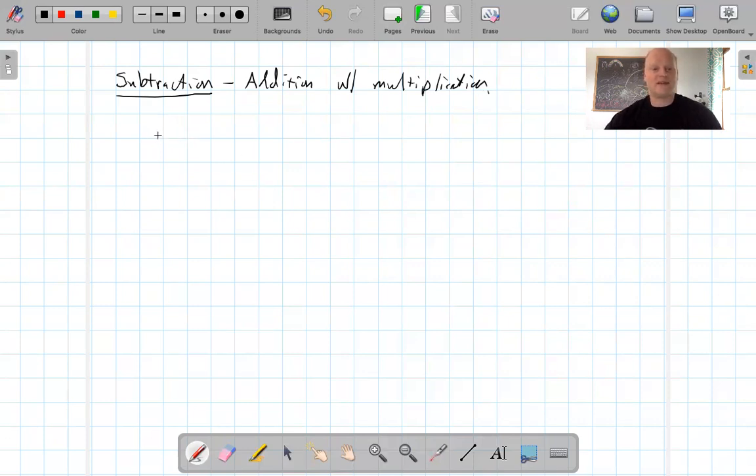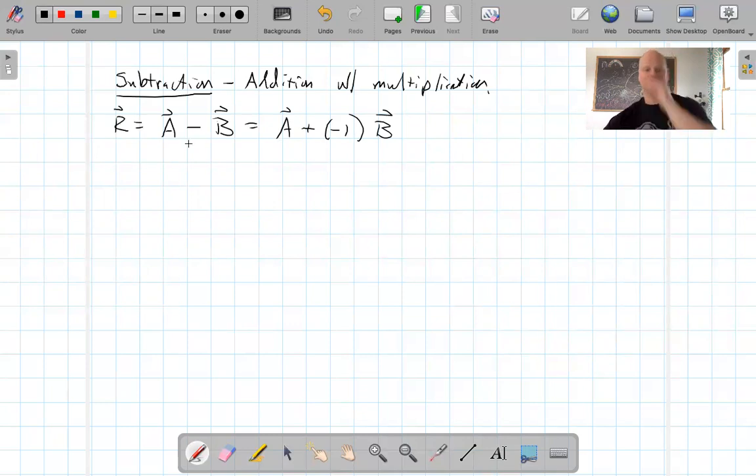It means that if I wanted to take a vector A and subtract vector B from that, that's actually equivalent to vector A plus -1 times vector B. So if this is my resultant vector, I'm going to simply take vector A and add that to a rotated by 180 degrees vector B.